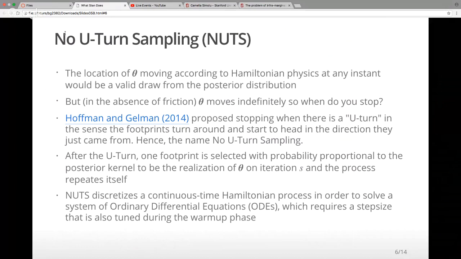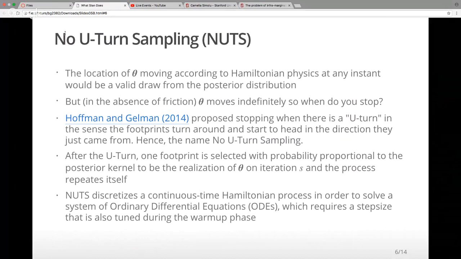And so that tends to reduce the autocorrelation, maybe even make it negative, because where the particle theta goes to depends way more on the shape of the posterior distribution than it does where you start. Because you can get pushed around to anywhere in it. And so you can go from one side of the parameter space to the other side of the parameter space in one iteration or anywhere in between. And consequently, it gets less autocorrelation.